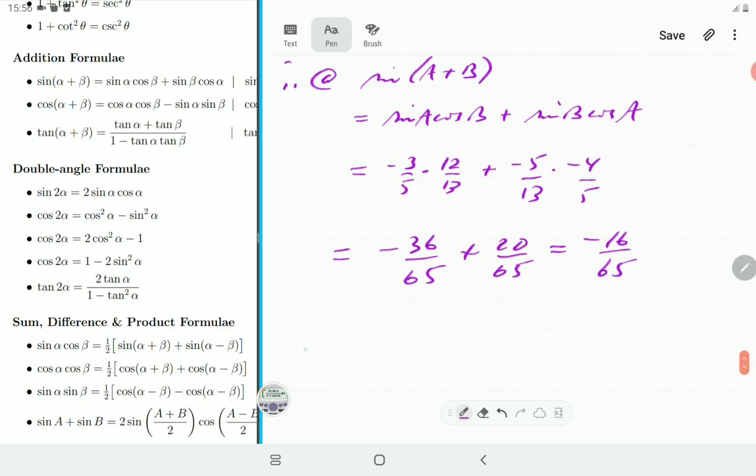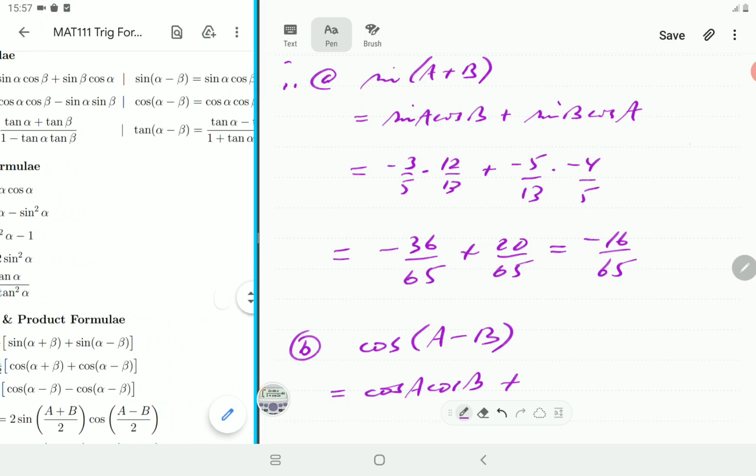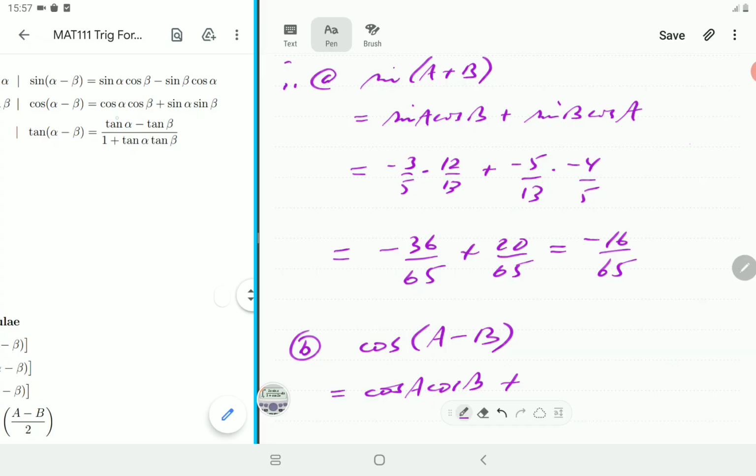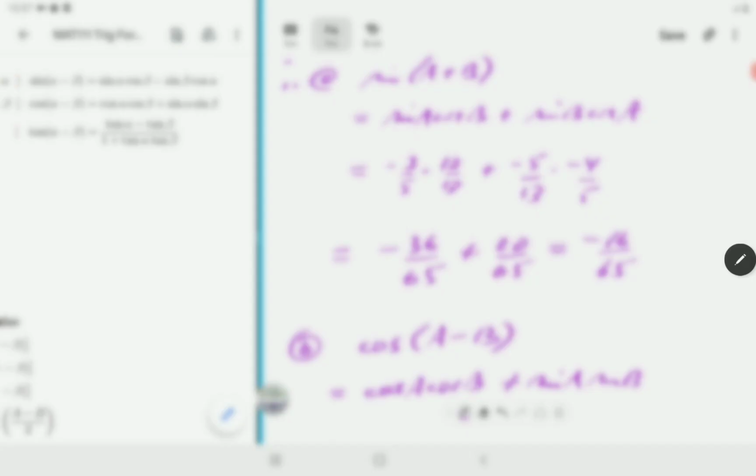Okay, then for the second one, we've got cosine A minus B, which according to those formulas is cosine A cosine B plus sine A sine B.